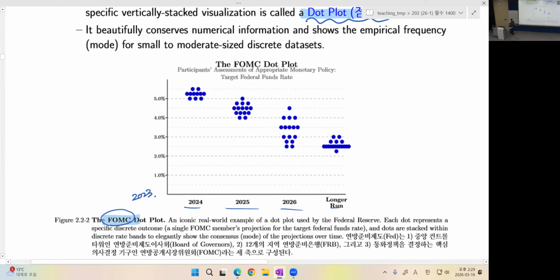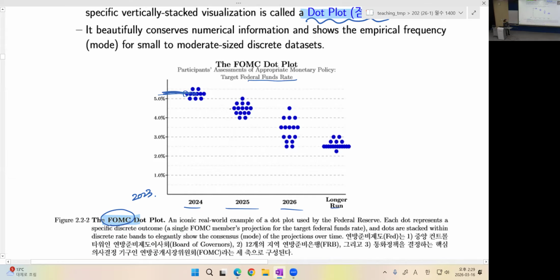And we ask the members of this board of governors, there are many, what do you expect about, for example, the federal fund rate, 이자율, and this number of dots corresponds to how many people on the board guessed that would be a proper number.